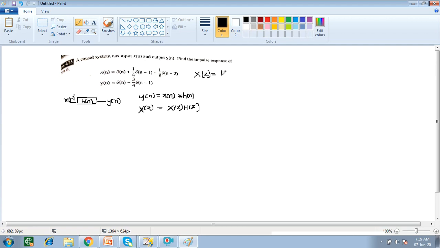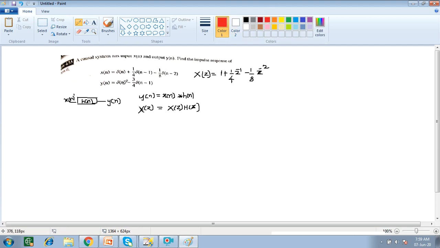So we get 1, plus 1 by 4 del of n minus 1, whose z transform is 1 by 4 z raised to minus 1. And similarly, minus 1 by 8 del of n minus 2, whose z transform is z raised to minus 2. So we get this, it is z raised to minus 2.